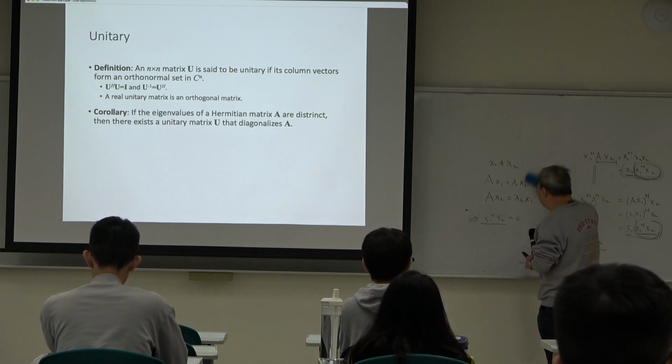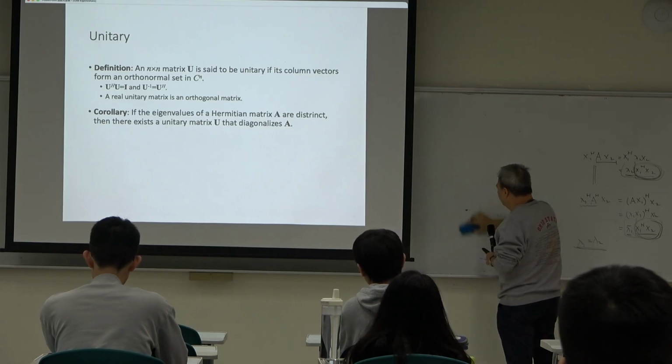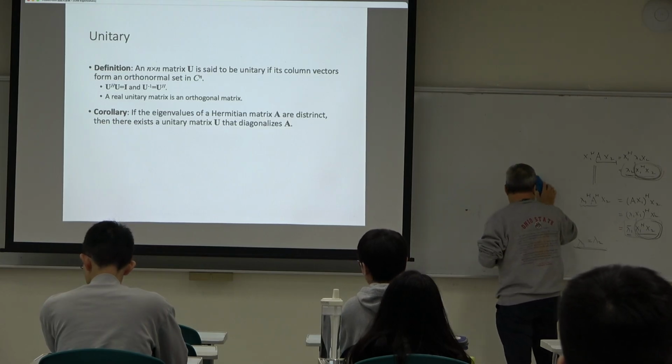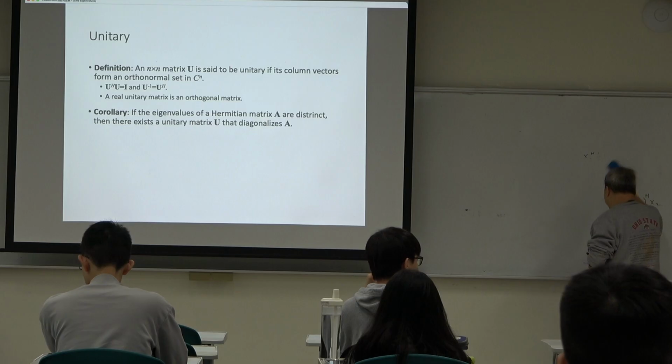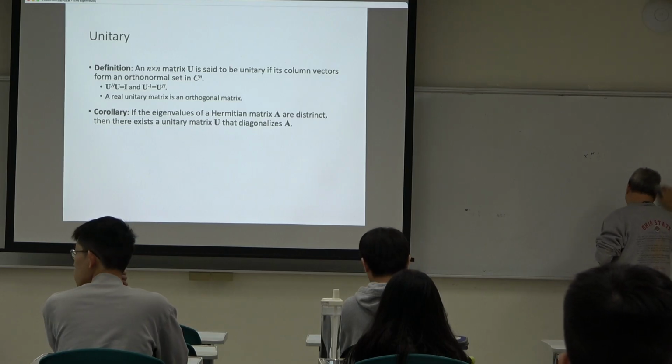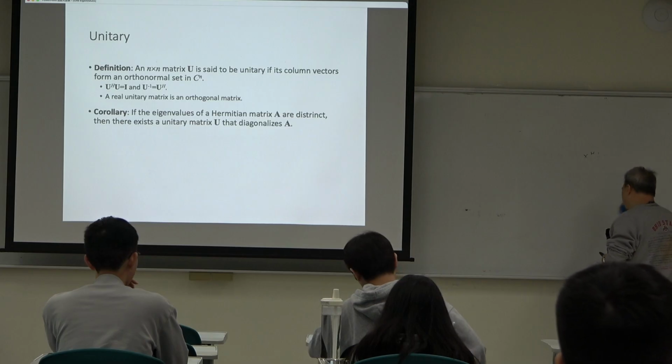If we have n distinct eigenvalues, we have n corresponding eigenvectors that are orthogonal to each other.